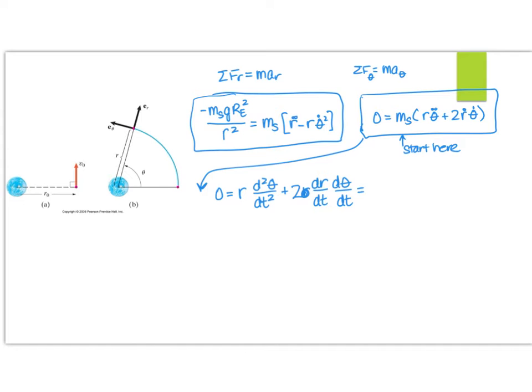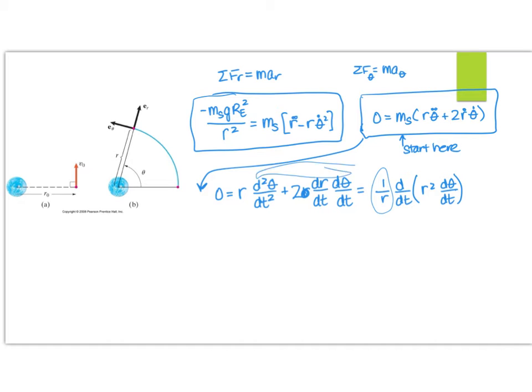So I've just rewritten the acceleration term in the theta direction. And if we look at it, you can see it's almost like we're doing a derivative using the product rule. In fact, if we think on it long enough, what we're seeing is the time derivative of r squared d theta dt, but then divided by r, we would get what we see over here.